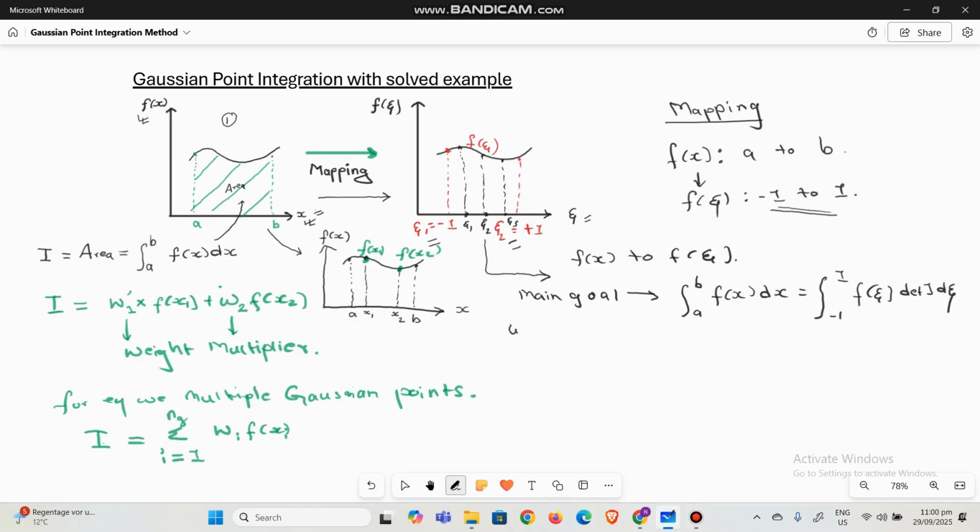where, what is the relationship between x and xi?